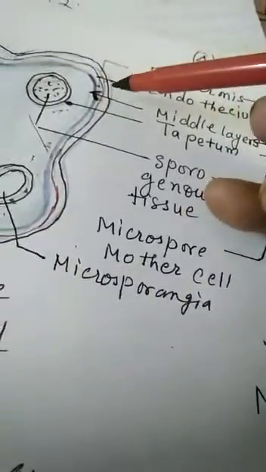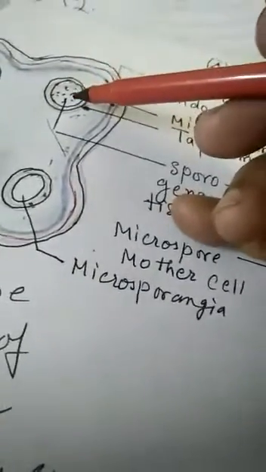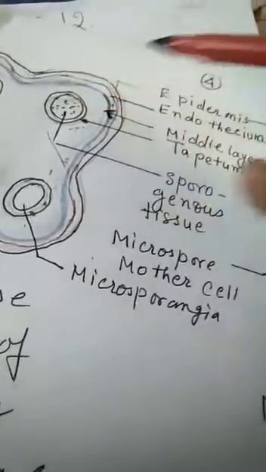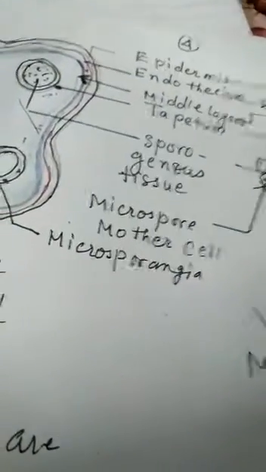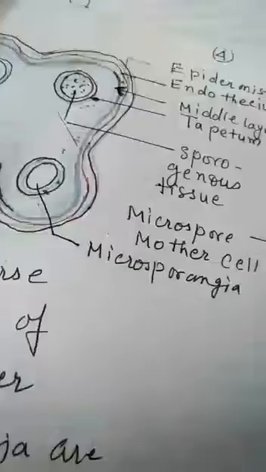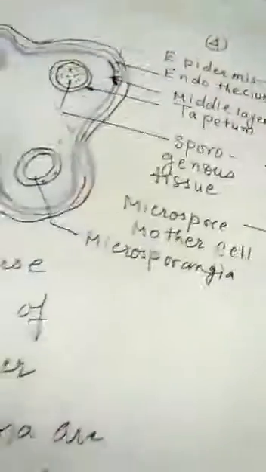These 3 layers are protective layers, whereas the tapetum provides nutrition to the developing male gametes or microspores or pollens.